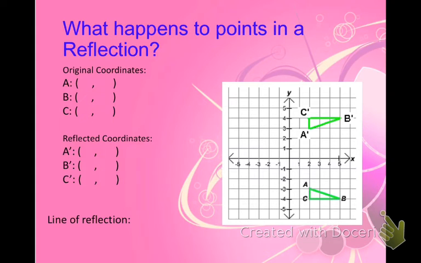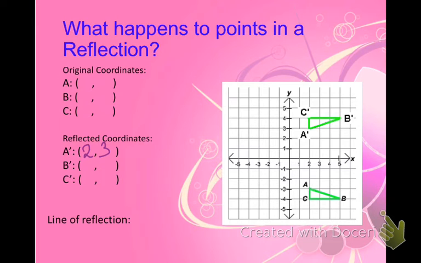So my first coordinates, I'm going to write them. A is 2, 3. B is 5, 4. And C is 2, 4. Oh, I totally did that wrong, everyone. A is 2, 3.